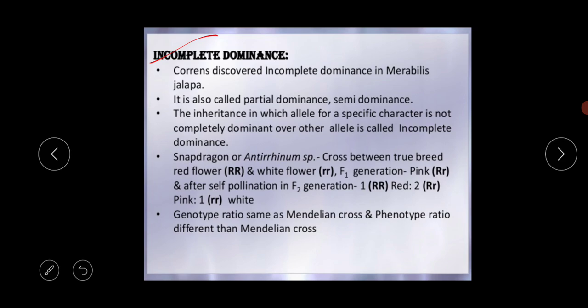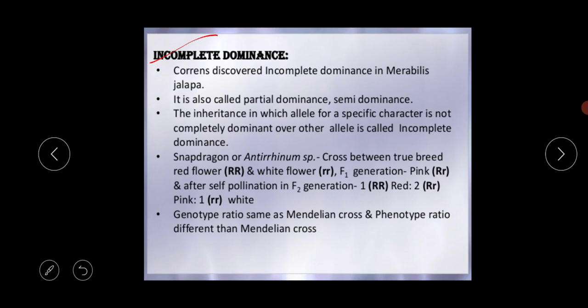He derived three laws: the law of dominance, the law of segregation, and the law of independent assortment. But all the inheritance patterns cannot be explained exclusively on the basis of these three laws. Later, after many experiments, he discovered two or three other things also.